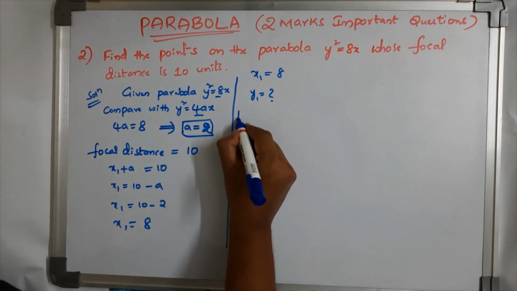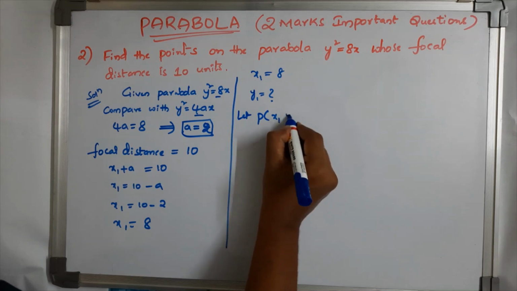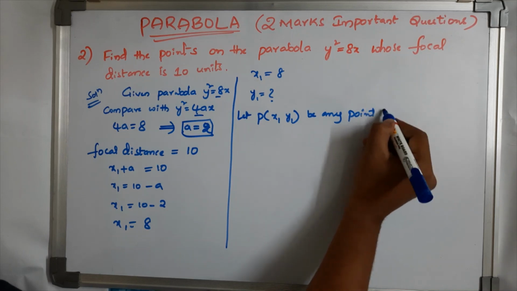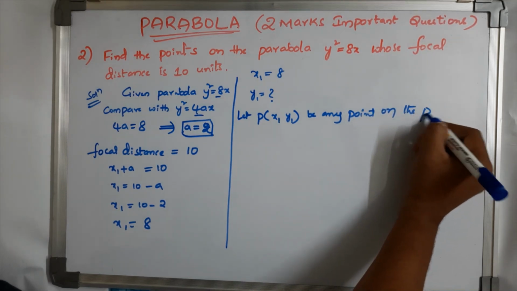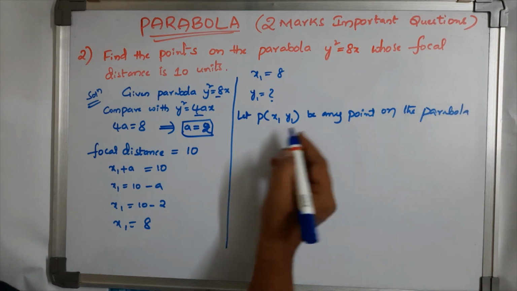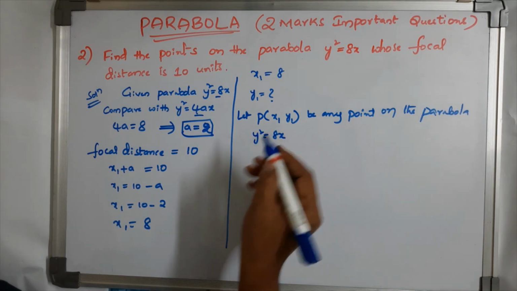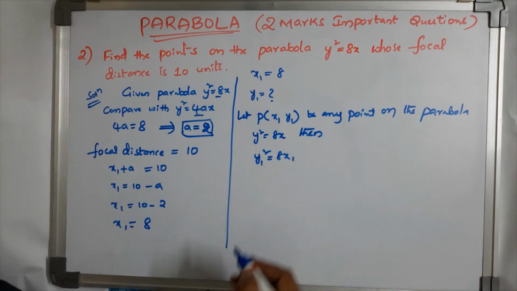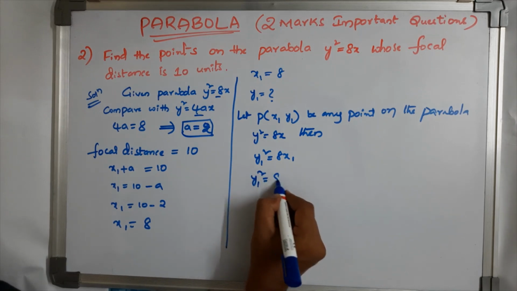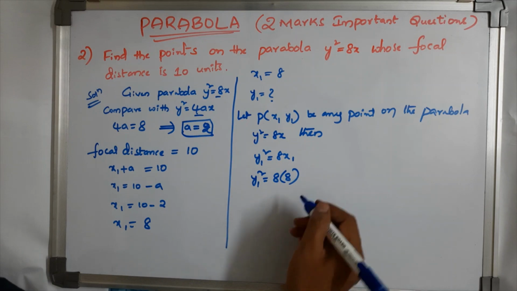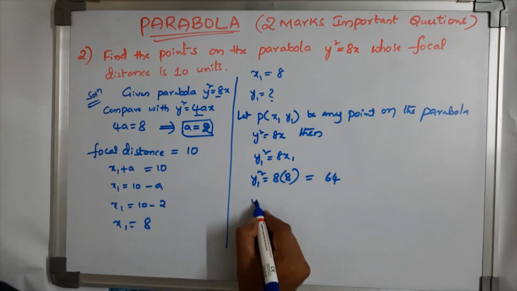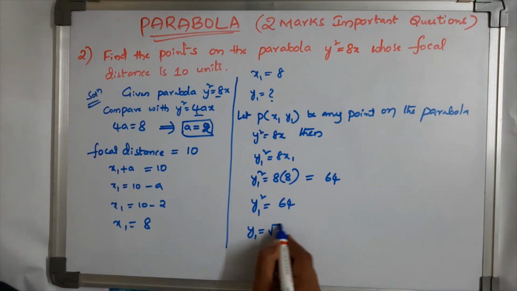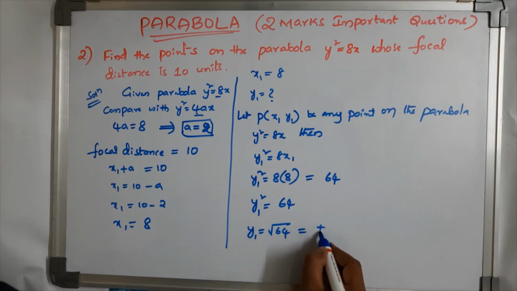Let point P x1 y1 be any point on the parabola y square is equals to 8x, then y1 square is equals to 8x1. y1 square is equals to 8 into what is the value of x1? 8. So that you will get 64. y1 is equals to square root 64, that is plus or minus 8.